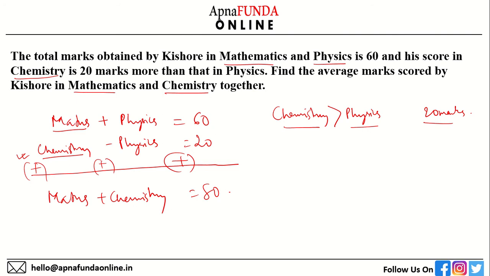I need to find the average marks scored in maths and chemistry. So in two subjects, my total is 80, so my average is 40. This is my answer. Very simple question. I'm sure you also must have solved it very fast.